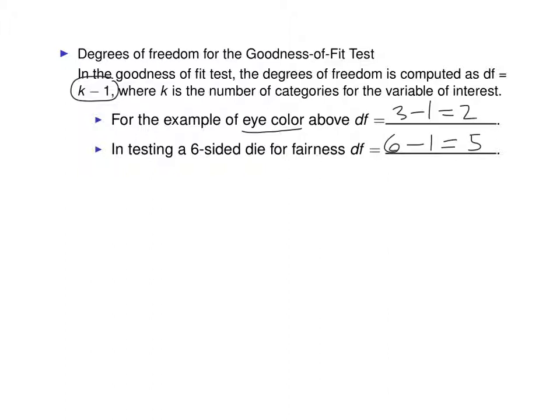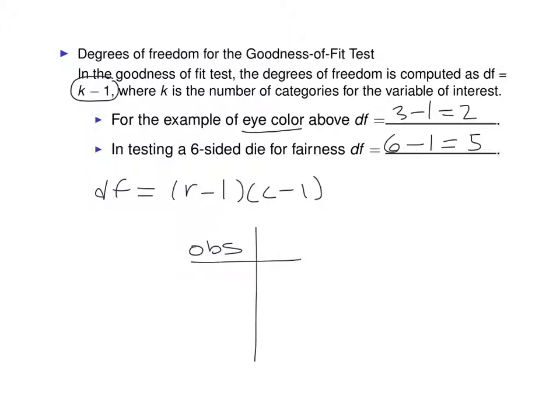This actually is the same formula as df equals r minus 1 times c minus 1. The reason is, if you think about it, you have one column that's your observed and one that is your expected in every table in these cases. And then you're going to have the categories, like a die, rolling a 1, rolling a 2, 3, 4, 5, 6.